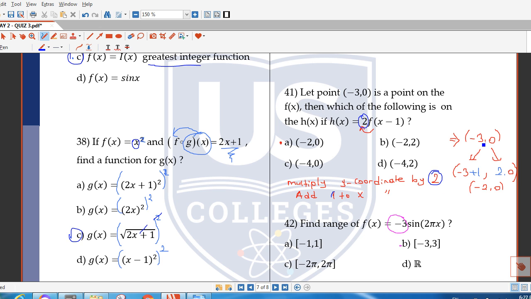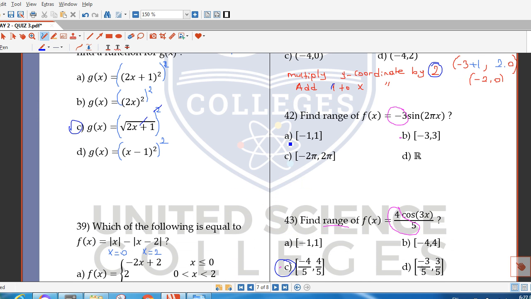The given point is (-3, 0), and the operation I need to do is plus 1 to the x coordinate and times 2 for the y coordinate. So the new coordinate of the point is (-2, 0), which is A.